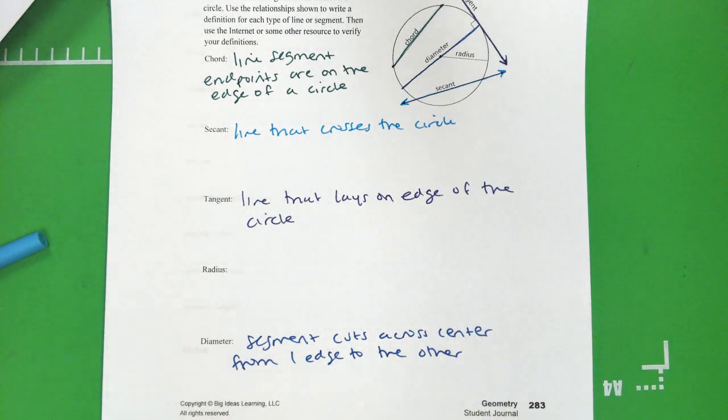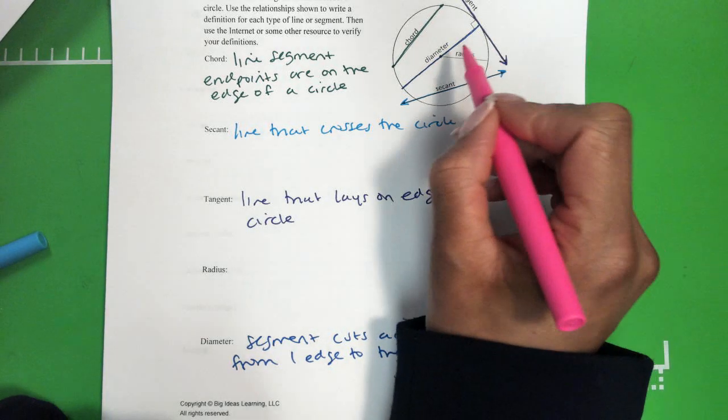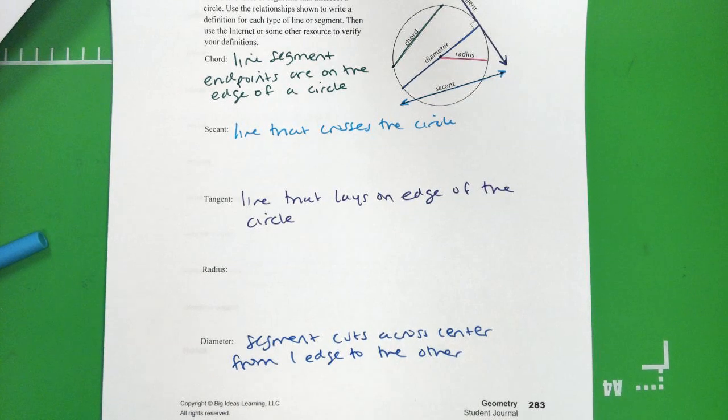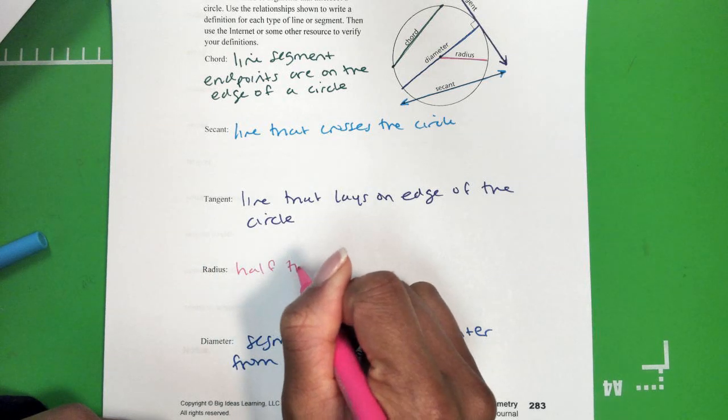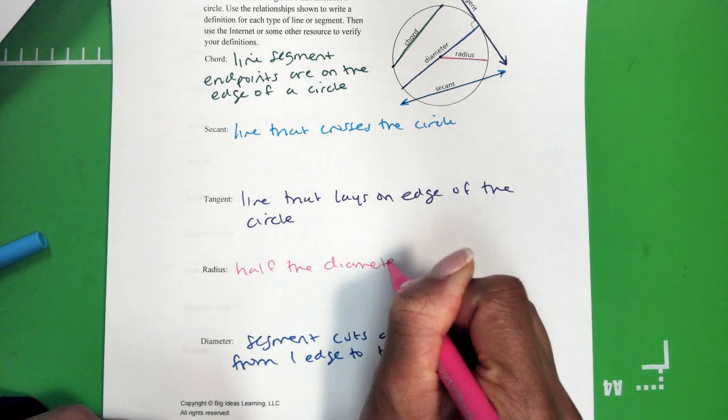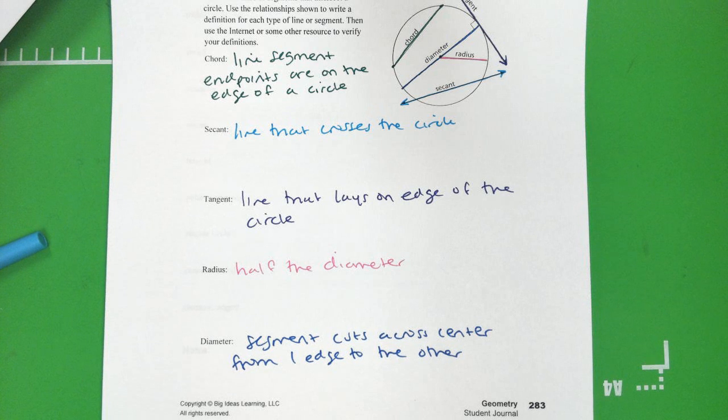And then we have radius. If you learned it in previous years, radius was usually half the diameter. So radius is half the diameter. That's just some freebie definitions to get the concept based on what you see.